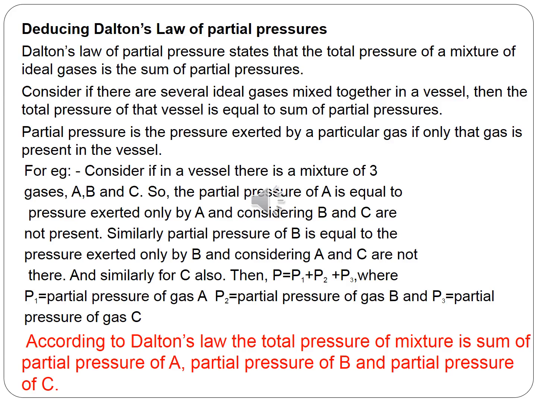What is partial pressure? It is the pressure exerted by a particular gas if only that gas is present in that vessel. For example, consider if in a vessel there is a mixture of three gases named A, B and C. So, the partial pressure of A is equal to the pressure exerted only by A, considering B and C are not present.